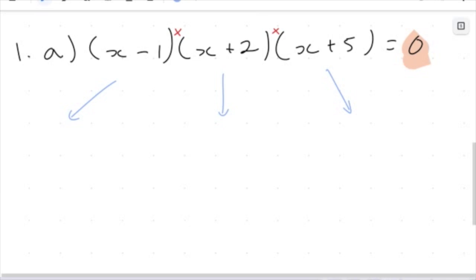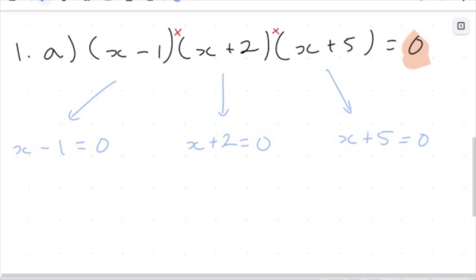The only way you can get 0 as an answer when you multiply two numbers, or three numbers in this case, is if 0 is one of them. So we can either get a case where x minus 1 equals 0, where x plus 2 equals 0, or where x plus 5 equals 0. These are our only three options.